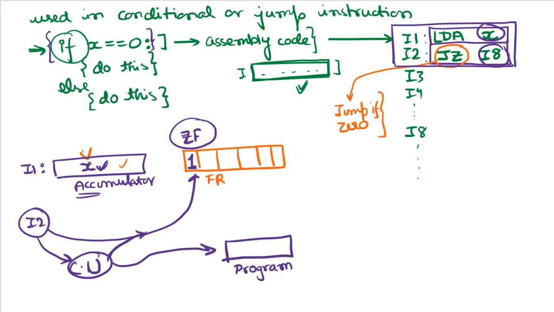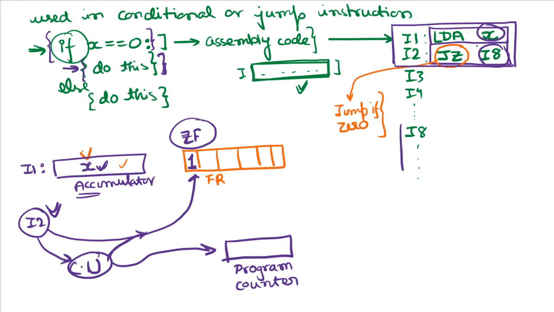What was program counter? Program counter was the address of the next instruction, right? And here in this I2 we have the address of the next instruction. This states that if x is equal to 0, run this part. So the starting of execution of this sequence will be present here.